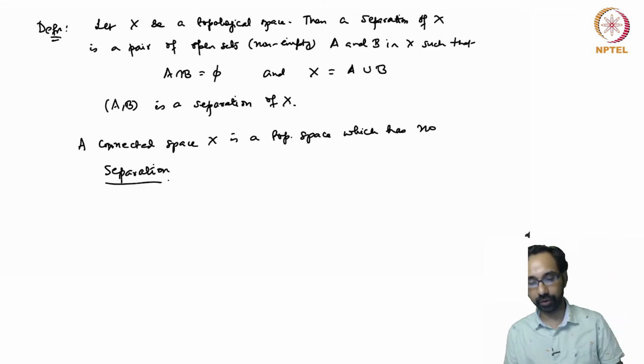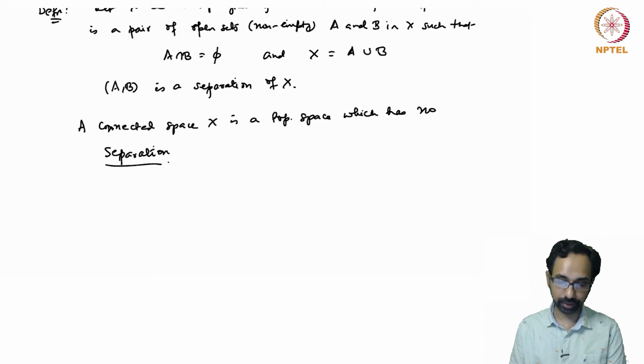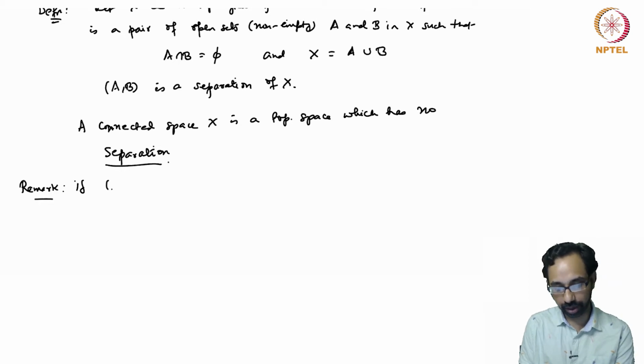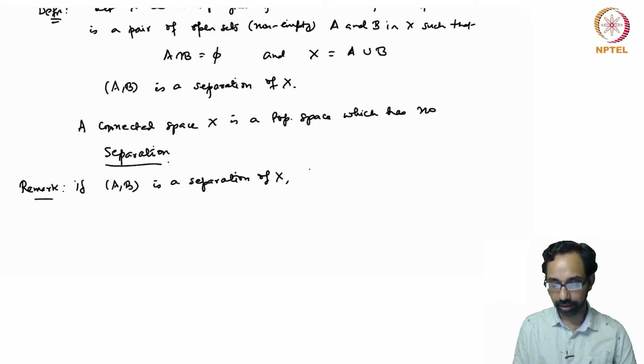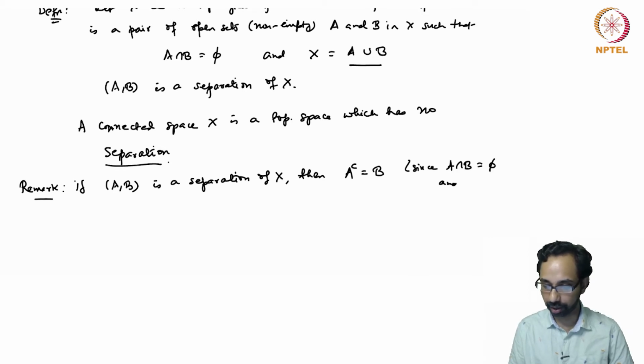So what does it mean for X to not have any separation? So notice that, this is a remark. If (A, B) is a separation of X, then A complement is equal to B, because X is the disjoint union of A and B, since A intersection B is empty and X is the union of these two sets.